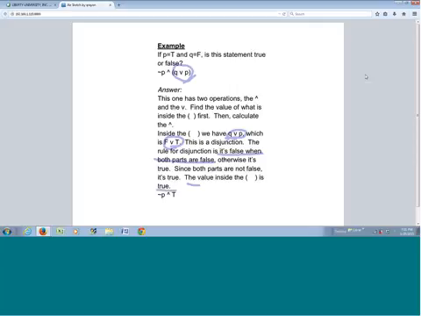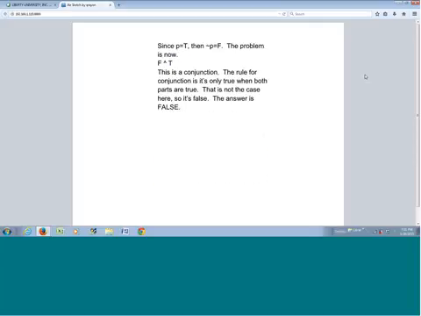So I have now negation P, conjunction, and to the right of the conjunction is true. Now I know that P is true, so negation of P is false. So the problem is now false, conjunction, true.